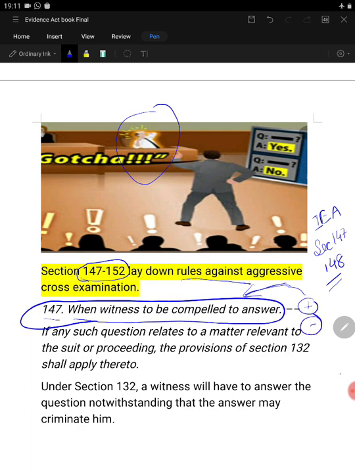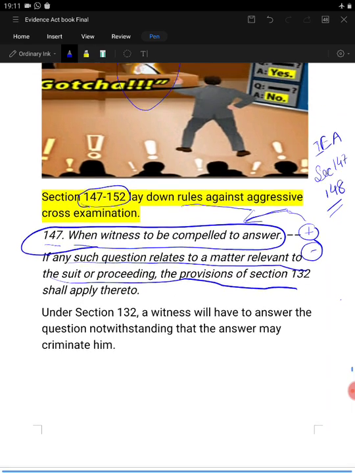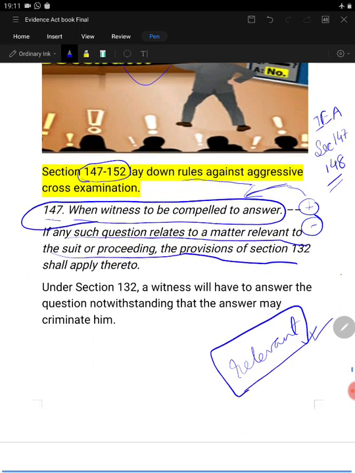If any such question relates to a matter relevant to the suit or proceeding, the provisions of Section 132 shall apply thereto. That is, in case the question is relevant, then the witness will be compelled to answer it, no matter it may incriminate him.